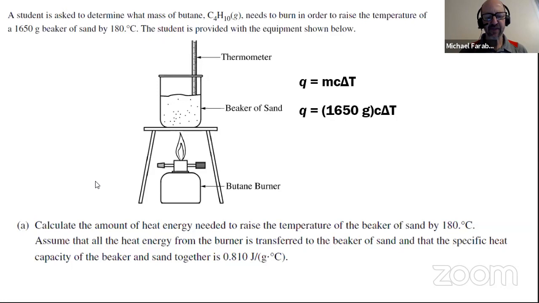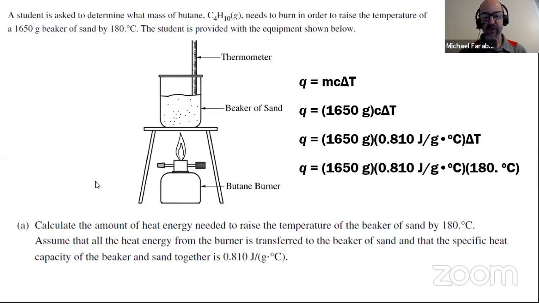We are also given that the specific heat capacity of this beaker and sand is 0.810 joules per gram degree Celsius. And they want us to raise the temperature by 180 degrees Celsius. So now all we have to do is multiply these 3 values together. The grams will cancel out, the degrees Celsius will cancel out, and we get our answer in joules.